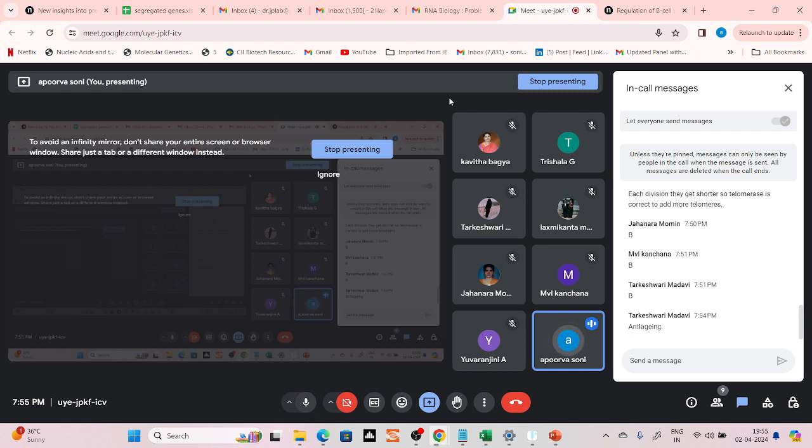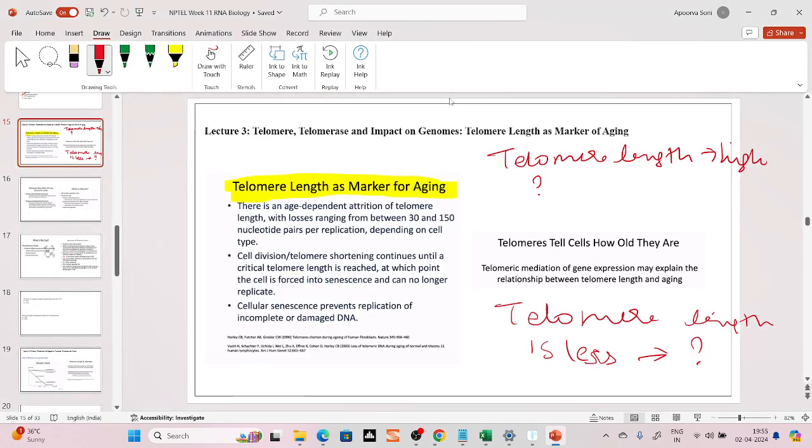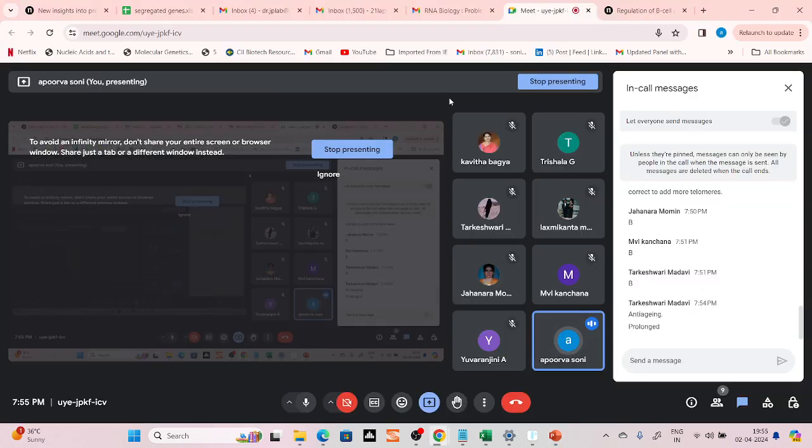Fine. And if telomere length is less, what will happen? Aging will come early or not? Think and tell me.